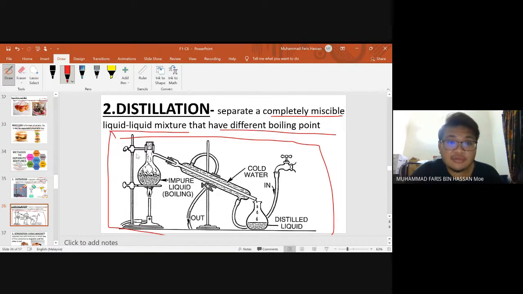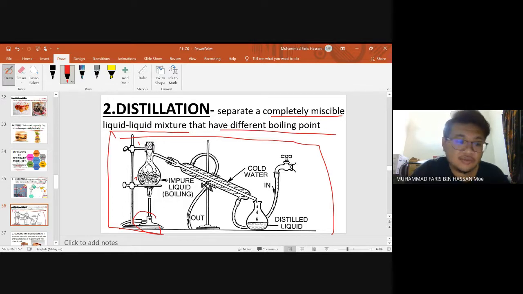This is a retort stand with clamps. We have two clamps, the first clamp and the second clamp. This is a round bottom flask, and this is a Bunsen burner. The round bottom flask contains the impure liquid which needs to be boiled by the Bunsen burner.